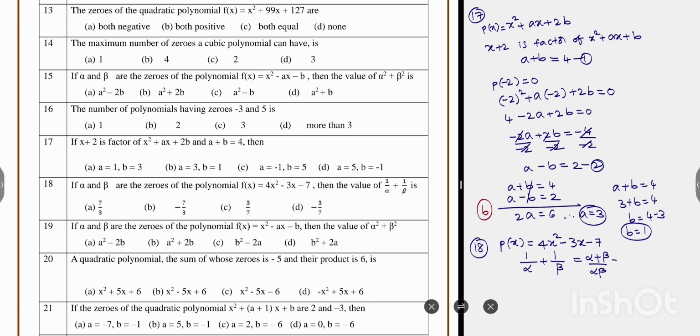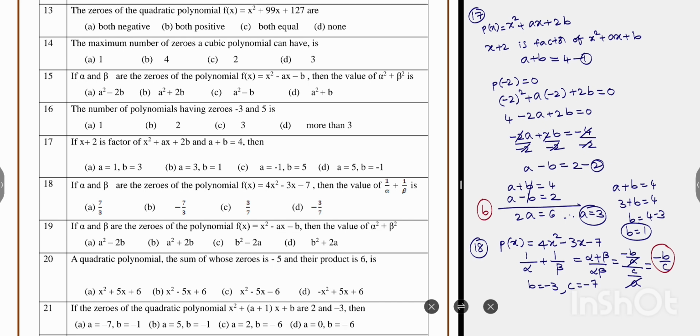What are the a, b, c values? If you write the formula here, it is minus b by a divided by c by a. So a will be cancelled, and we get minus b by c. From now on you can remember this as a formula: 1 by alpha plus 1 by beta is minus b by c. What is b here? B is equal to minus 3, c is equal to minus 7.